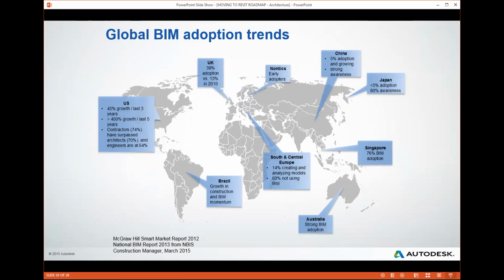We need to let them know what is happening in the world, the trends that are happening, so that they can position themselves. They know that this is not a local push from you to take their money. That it is part of a global drive to move to BIM.